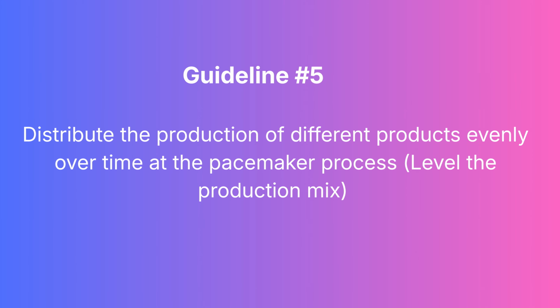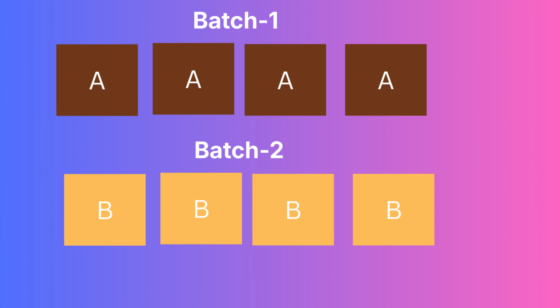Guideline number 5. Distribute the production of different products evenly over time at the pacemaker process, level the production mix. Most assembly departments prefer running large batches of one product to avoid changeovers. It feels efficient, but actually creates bigger problems in the value stream. When we produce in batches, we can't respond quickly to changing customer demand.